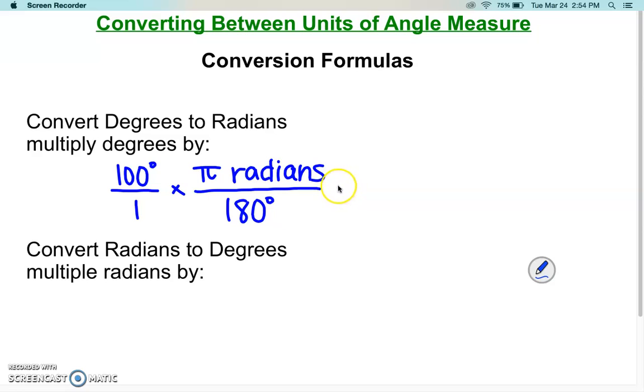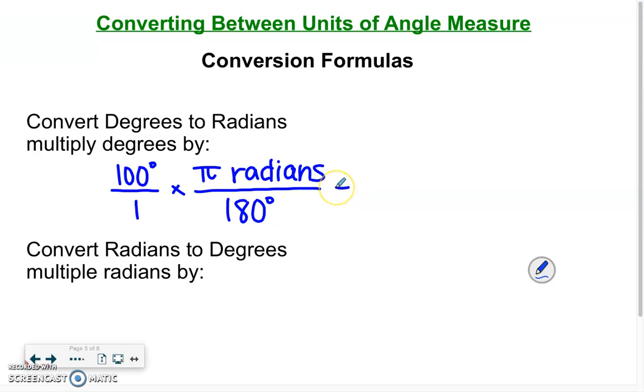Okay, so if I just keep going through the steps just to show you an example, here's how that works. I specifically chose to put pi radians on the top of this fraction and 180 on the bottom because when you are multiplying fractions, anything that is on the top and the bottom is possible to be canceled. In this case, we're canceling units of measure.